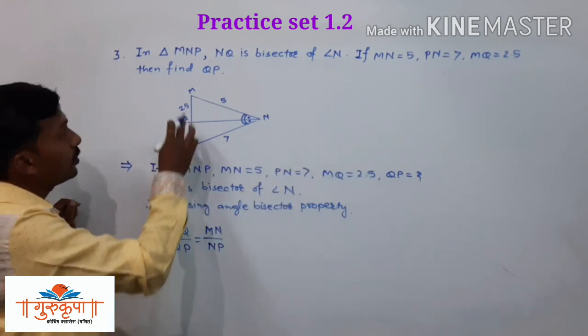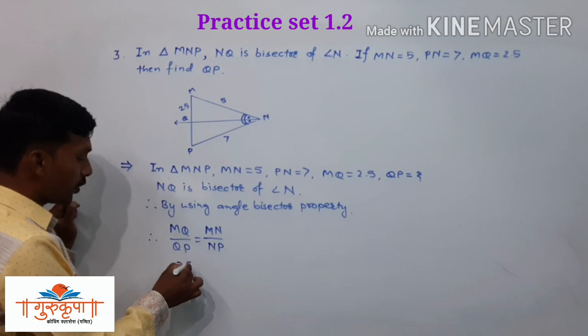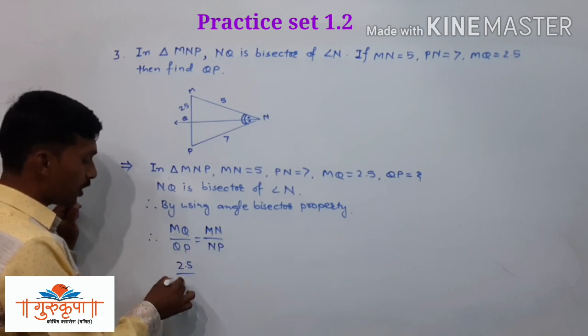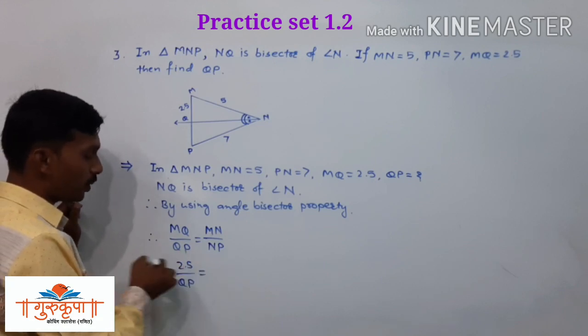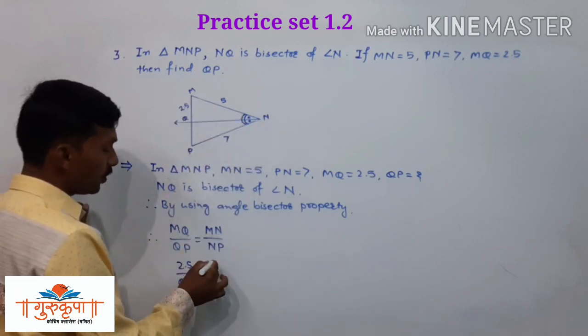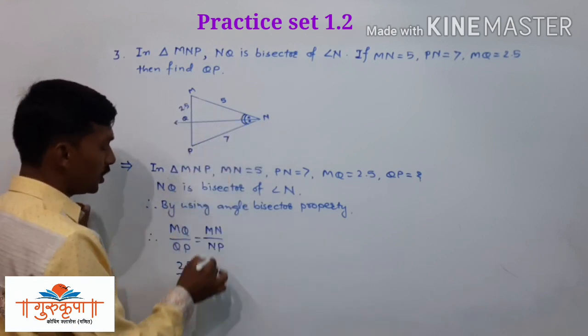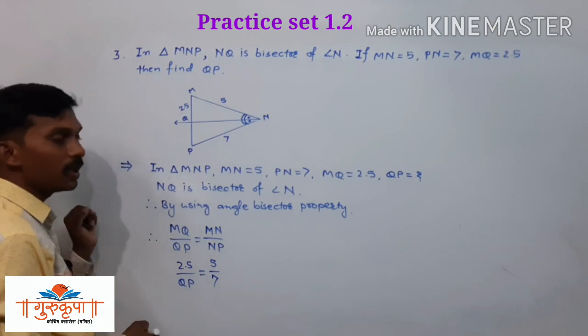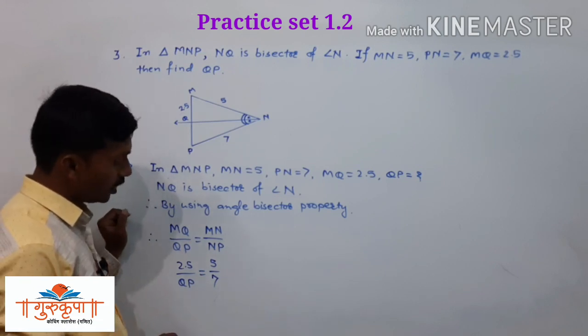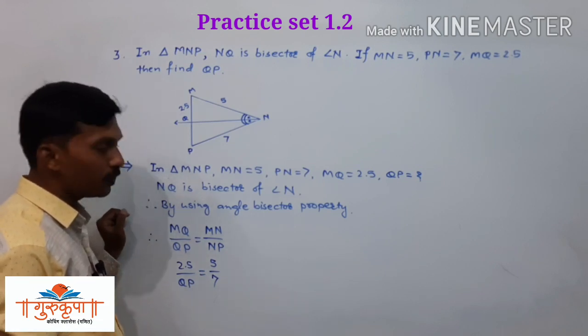Now here MQ is given 2.5, so we write 2.5 here. QP as it is, since we have to find the length of segment QP. MN is given 5 and NP is given 7. And now you can easily find the length of the segment QP.